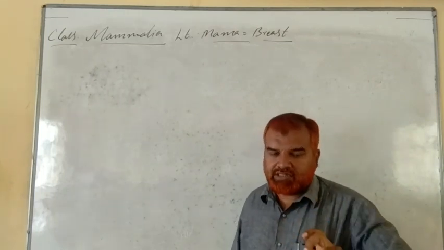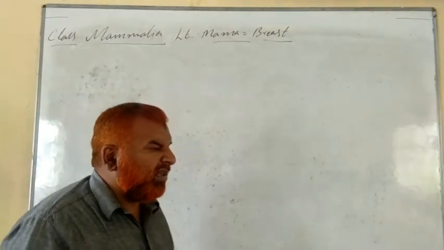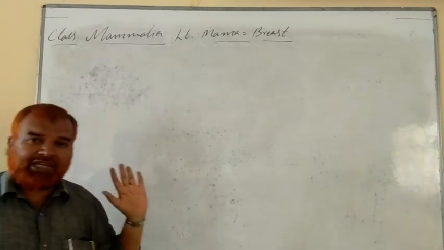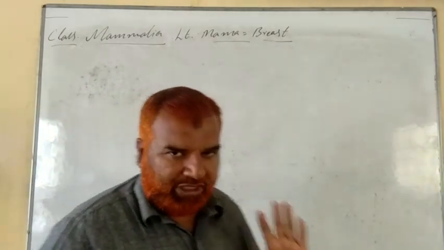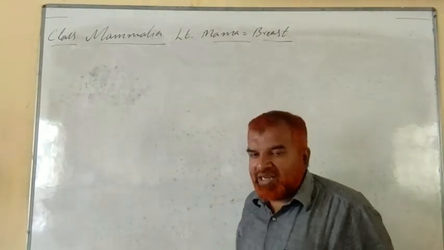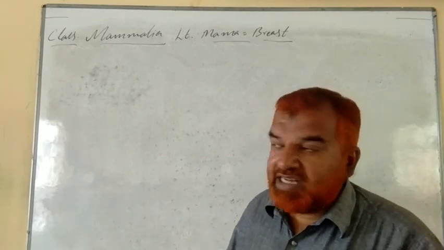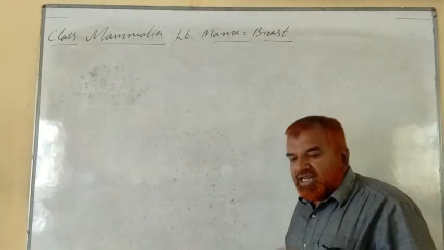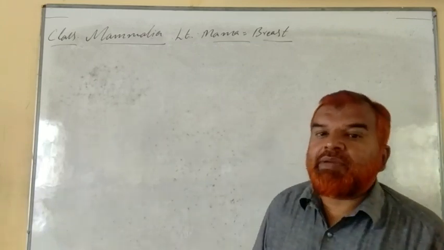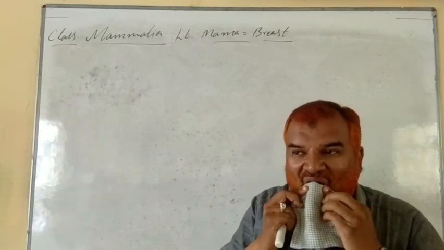Whereas in adult males, these glands become rudimentary, meaning non-functional. In females these glands become functional, hence the name of the class Mammalia. The animals that possess mammary glands are known as Mammalia, or mammals.